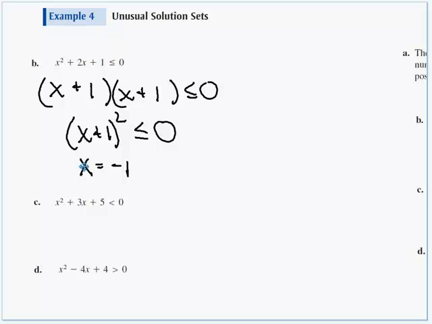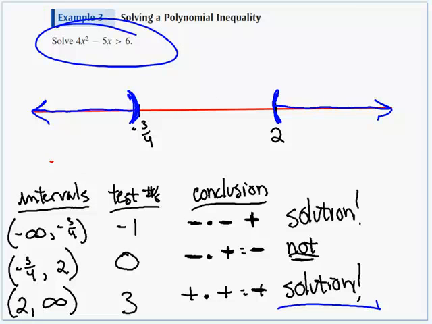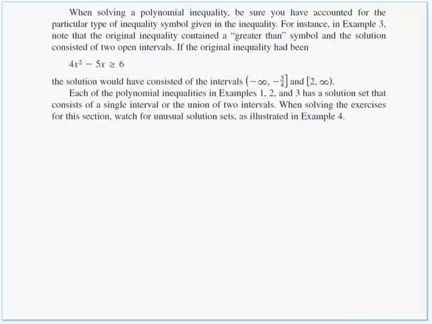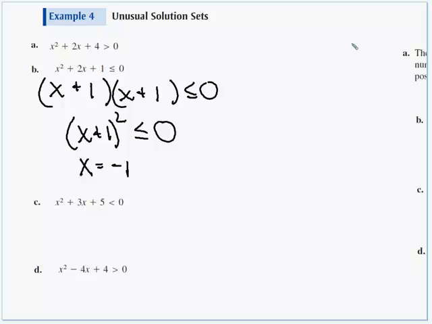How many times letter A, how many times did that cross the x-axis? None. We have seen other ones, we've done quite a few, where we cross the x-axis at 2 points. 2 points if we have two factors, no points if our parabola exists entirely above the x-axis.